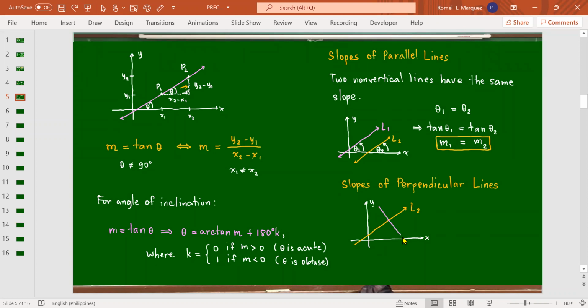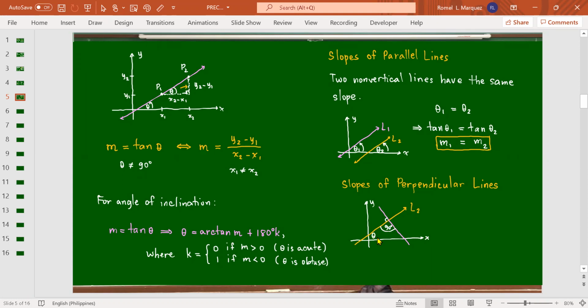Let's have them meeting perpendicularly here. So meaning this is 90 degrees. This angle.